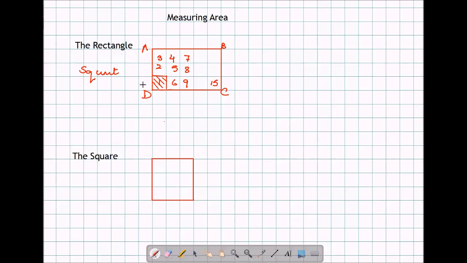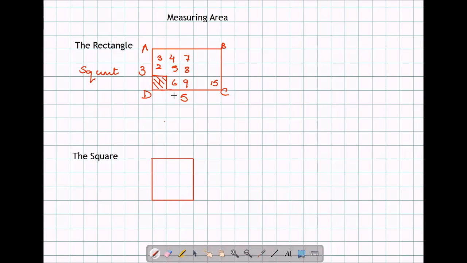It's 15. Now, we can see that there is a pattern: there are 3 rows and 5 columns in it.